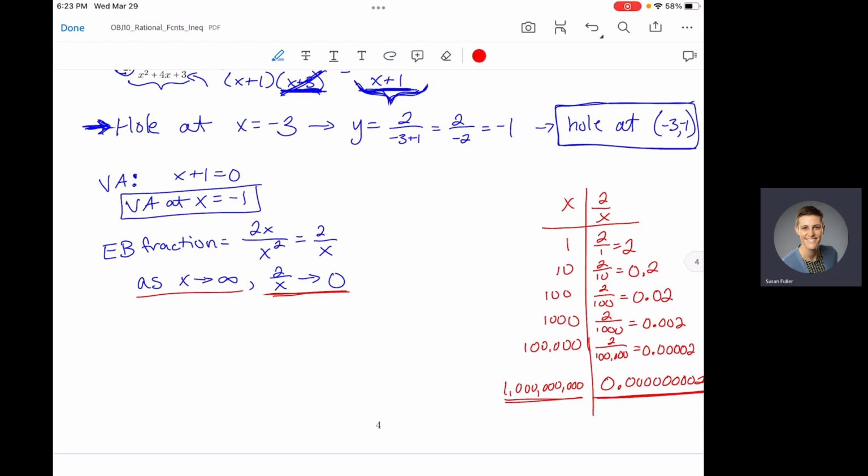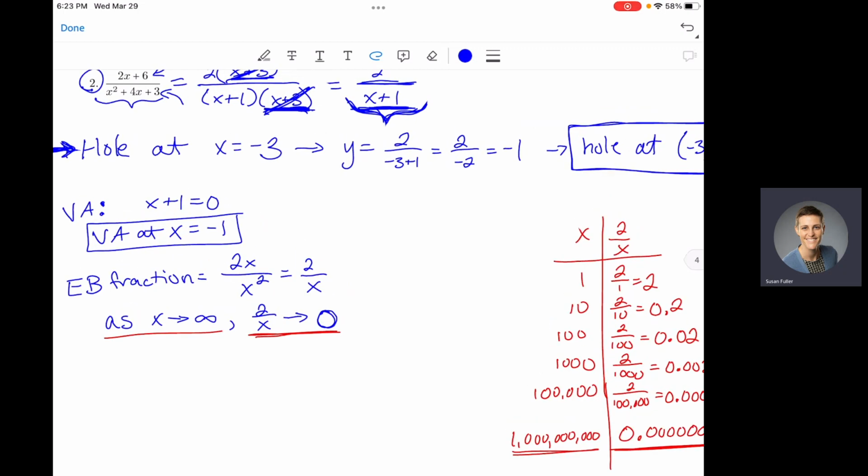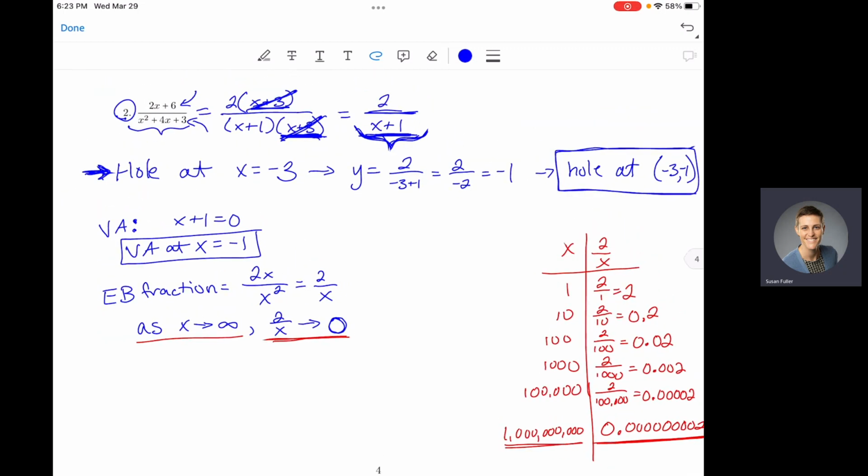Now, what that means for us practically here is that because 2 over x goes to 0, and that's our end behavior, our whole function is going to do the same thing. That means our function, our y values are also going to go to 0, which means we have a horizontal asymptote at y equals 0 at the ends of our graph.